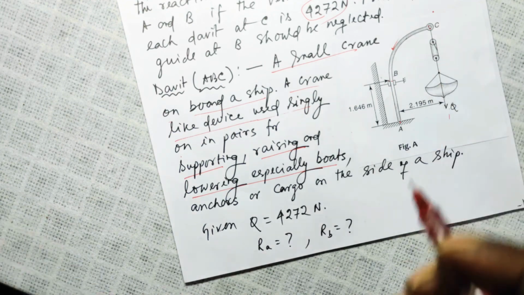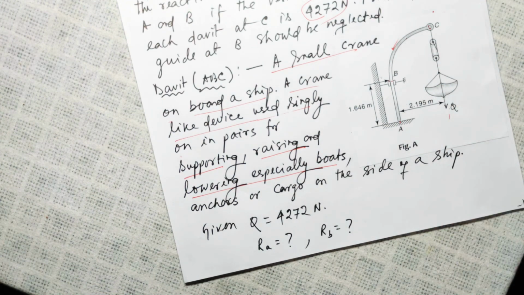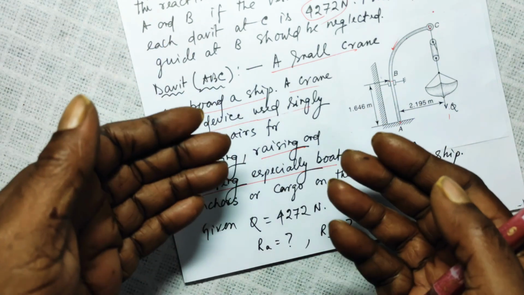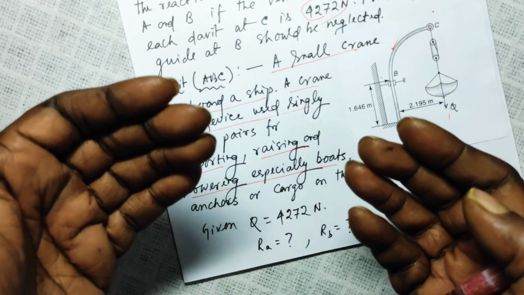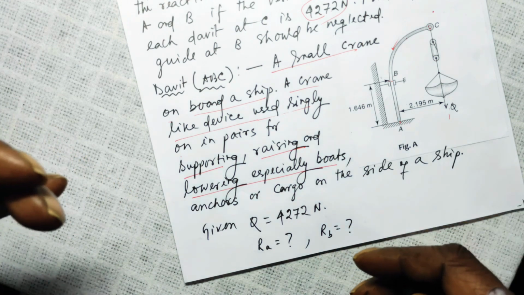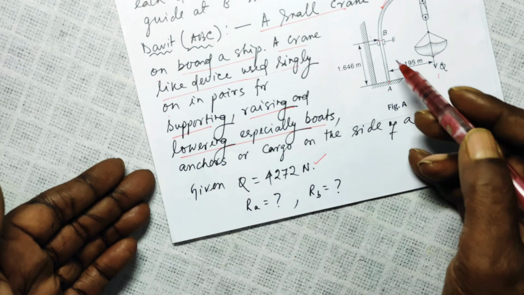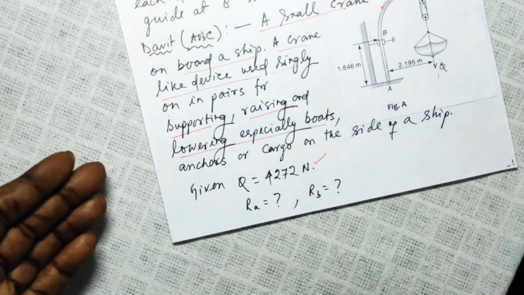Such things are attached to the side of a ship, used for lowering an object onto the surface of water or lifting objects from the surface of the water to the deck of the ship. So what is given? Q is given as 4272 Newton, and the reaction here and the reaction here are to be found out.